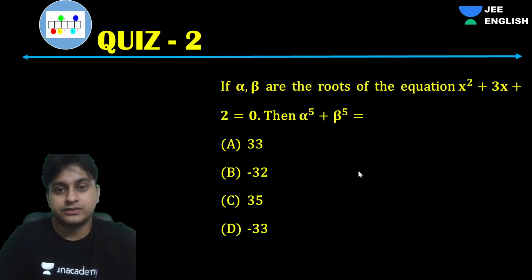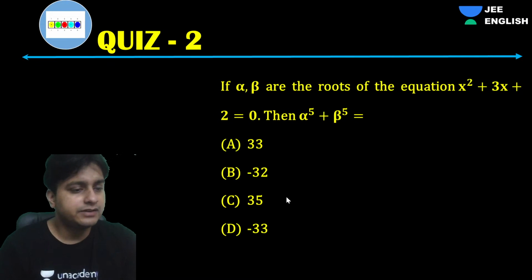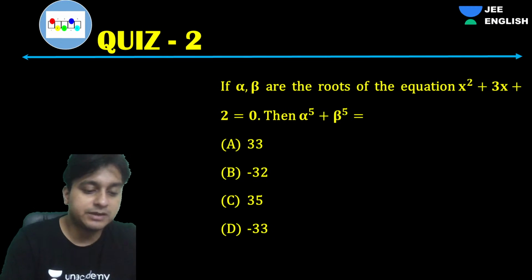Chalo, great Vivek. Next. This is a simple one. I guess everyone can do it. Come on, guys. Alpha, beta are the roots of this equation. Asking for alpha power 5 plus beta power 5.